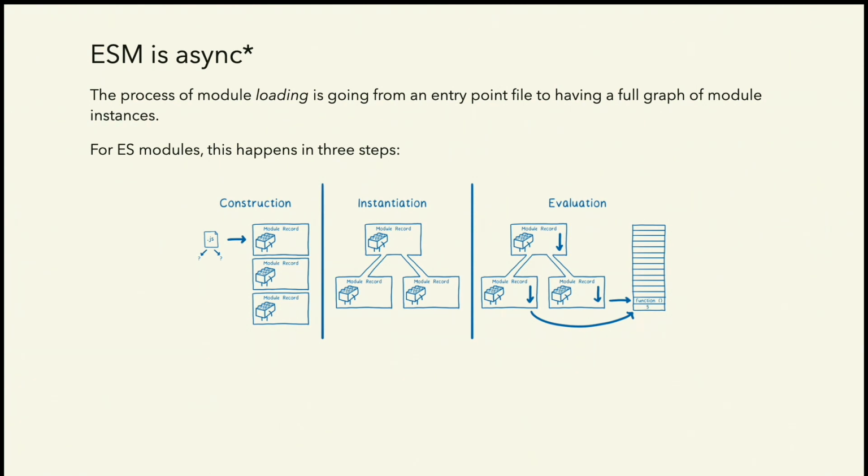Then there's the instantiation step, which is finding space in memory to place all the exported values. We don't fill them with values yet, just reserve the memory there. And then you make the imports and exports point to those boxes in memory. This is also called linking. And then we have the evaluation, which is actually running the code and putting all those values in there.